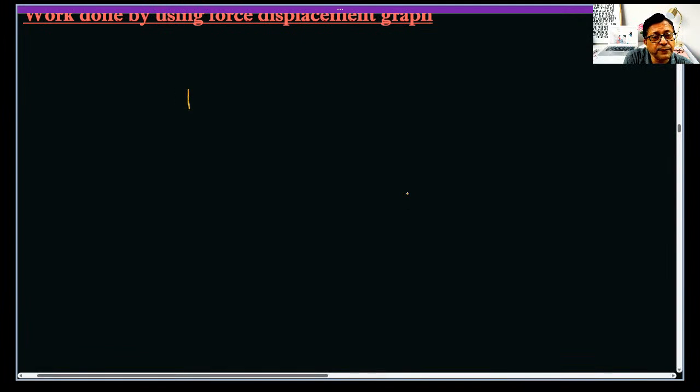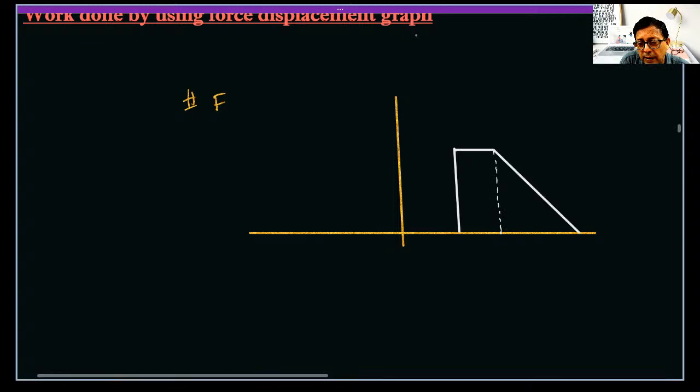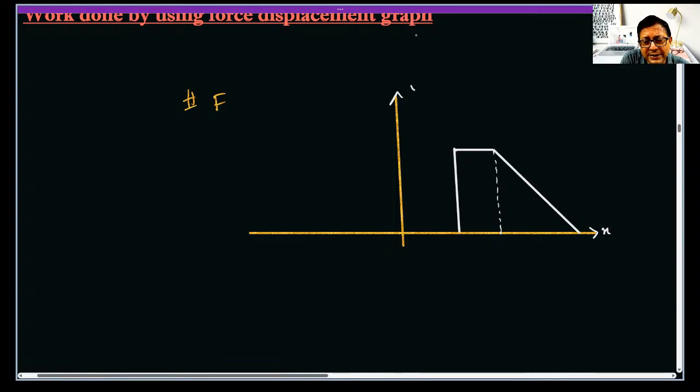A force F acting on a particle moving in a straight line varies with distance as given. That is x, y.